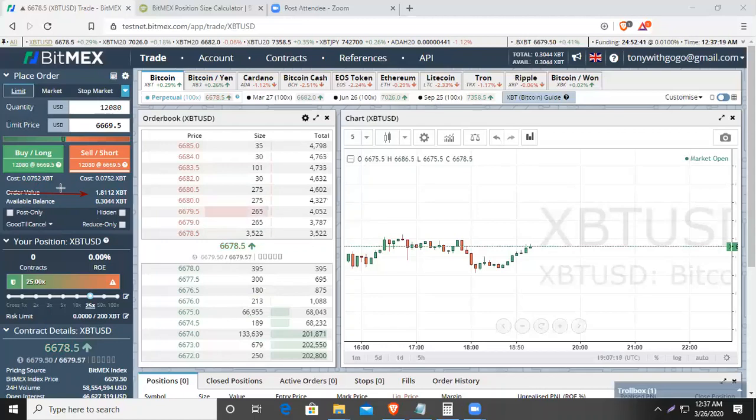If you are using 100x, you get only 1% movement for liquidation. If you're using 50x, you get only 2% for price movement. If price moves 2%, your position gets liquidated. If you are using 33x, you get 3%. If you're using 10x, you get a 10% price movement window.